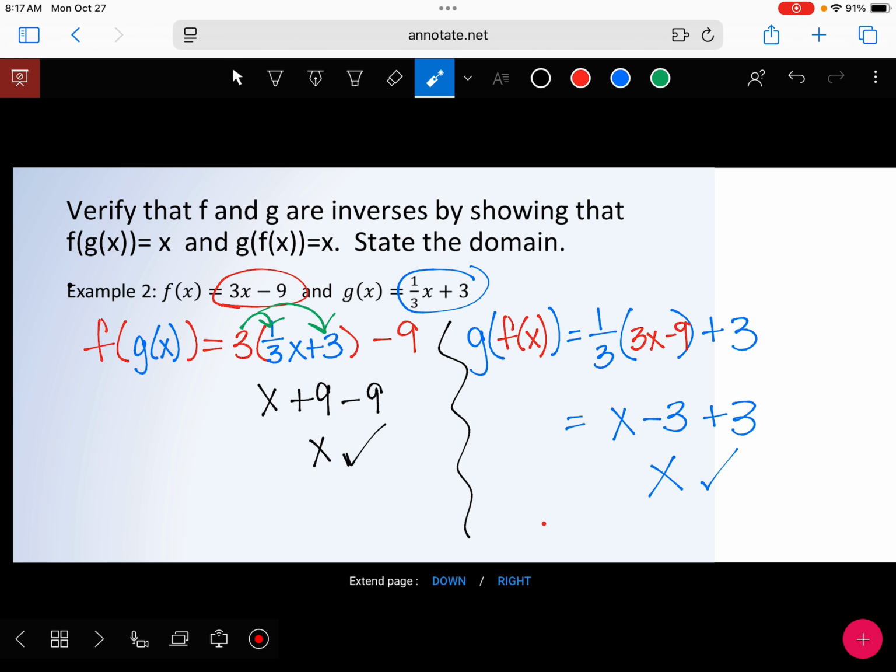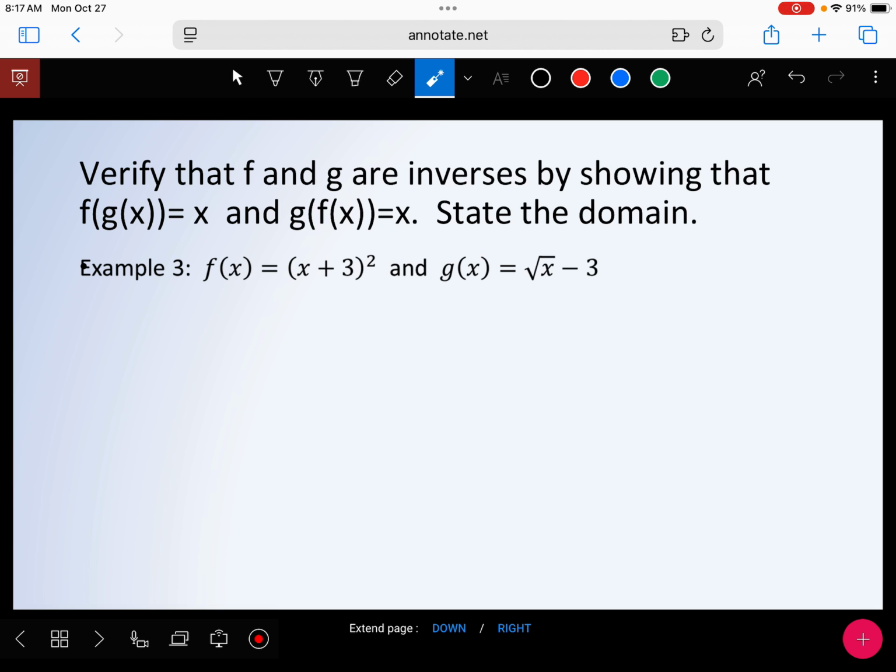All right, so now let's finish out 5.2 with, okay, yeah, we'll do this one too. We'll verify this one. Let's go ahead and verify that these are also inverses.